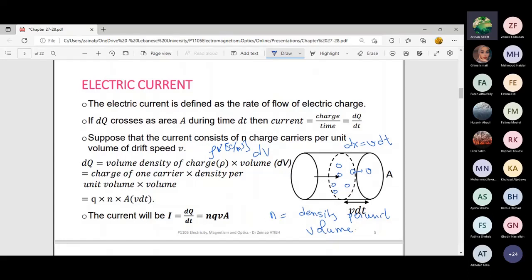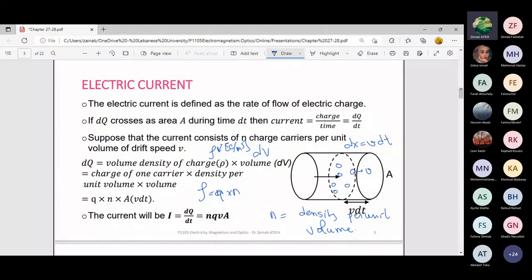I know that all of them have the same charge, Q. So simply rho is equal to n times Q. Let me repeat. Rho is the charge volume density, meaning how many coulombs I have in 1 meter cube. Q is the charge of one carrier, and n is the number of carriers in 1 meter cube. If I multiply them, I get rho. Okay, this is for rho.